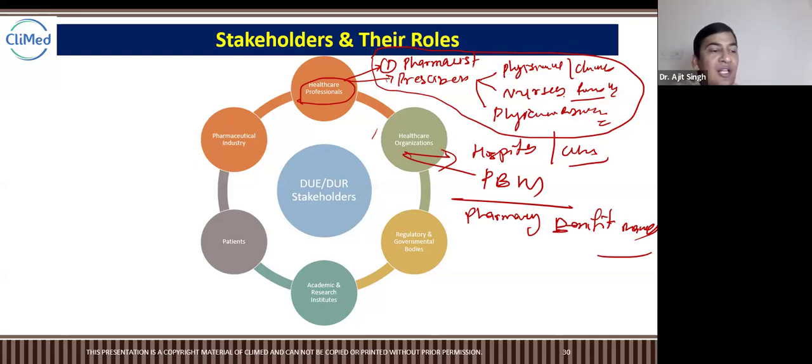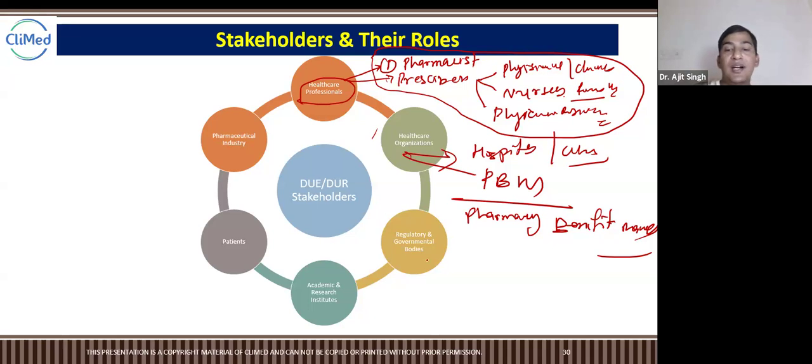They use the data of DUR, and based on that they claim cost-saving opportunities. As I told you initially, they just take the data, and they also help in complying with formulary guidelines and therapeutic protocols.